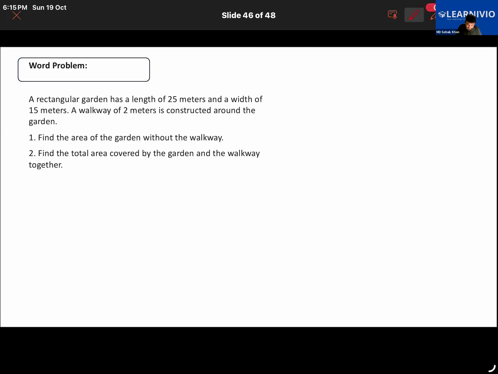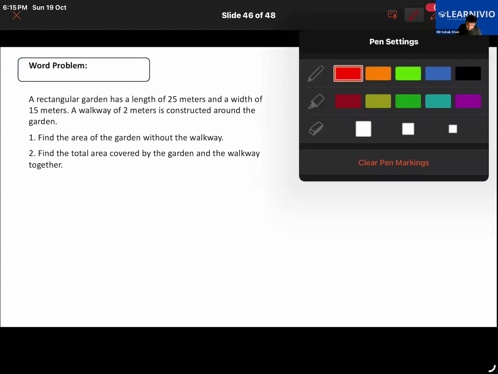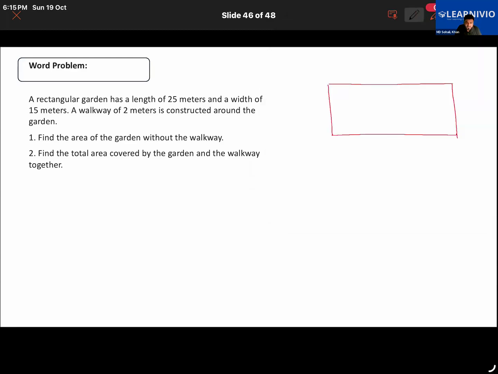Find the area of the garden without the walkway. Find the total area covered by the garden and walkway together. Okay, all right, I saw it. So try to understand. Can you explain what the question is saying? Just try to explain it to me.